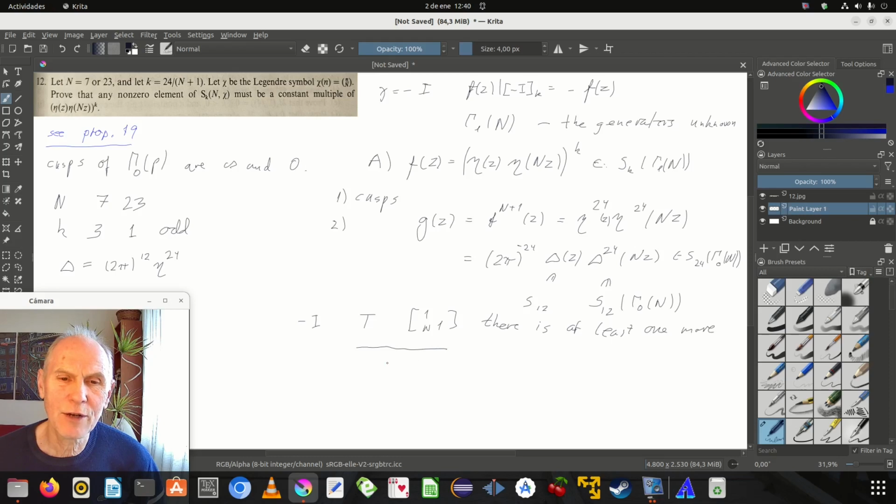Because this generates the Hecke group, and we know it's not a group of modulo n, so it's not a modular group. That's disappointing. I had hoped that I would be able to do more than mimic the proof of proposition 19.